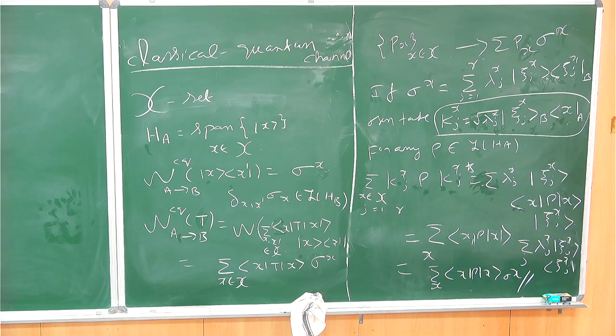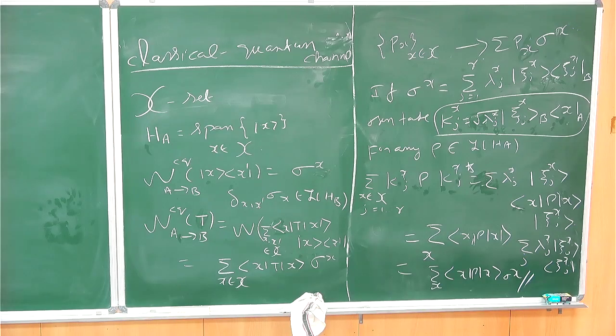This is just going to be the summation over lambda_j, x_j, and then x_i x_j, and then x here. The trace of that is 1, because sigma x is a state.